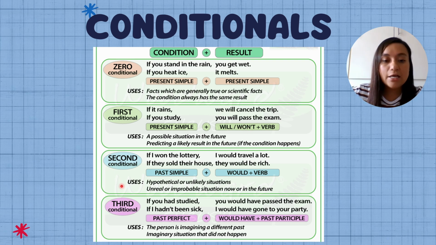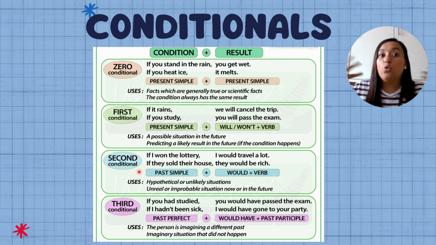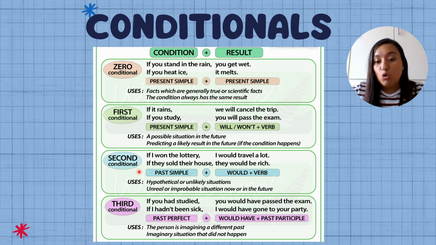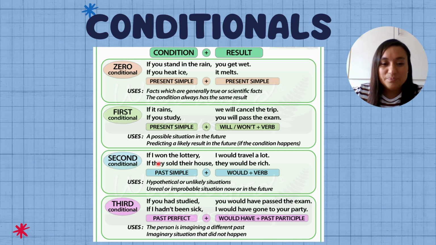Now, the second conditional. In the second conditional, we talk about hypothetical or unlikely situations. So that means that maybe these are situations that will not happen in the future, that are unreal or improbable. Here we use the past simple. If I won the lottery, I would travel a lot.